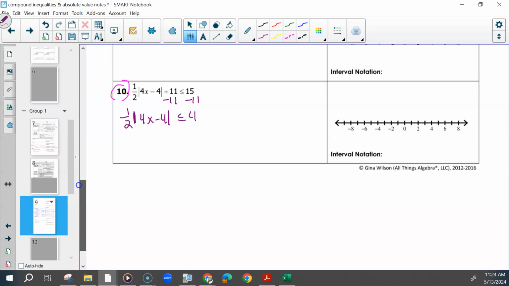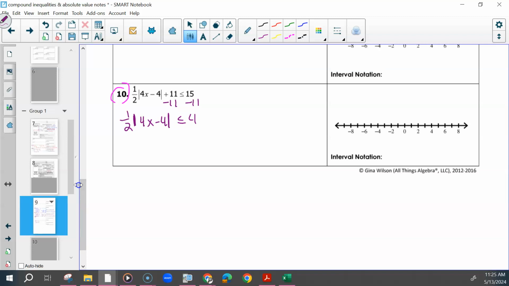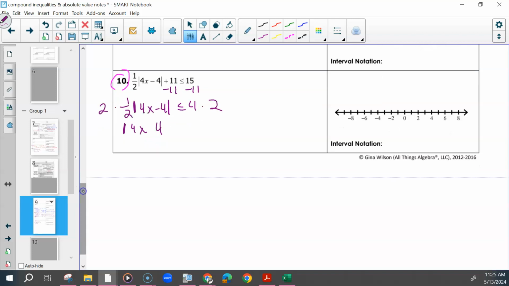So you can multiply everything by 2. Just make sure you actually do that. You would multiply the 1/2, the 11, and the 15, so all of those change. Now, to get rid of 2, multiply both sides by 2. It stayed less than, so this is going to be "and."